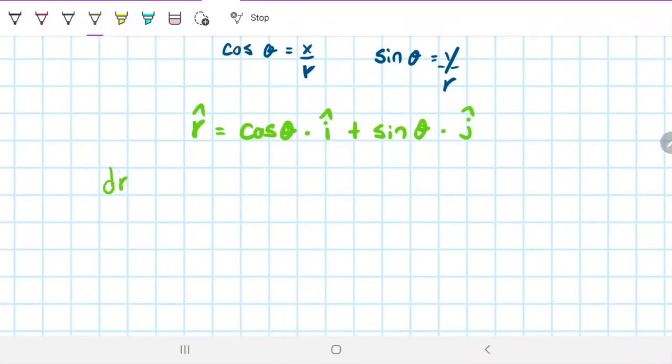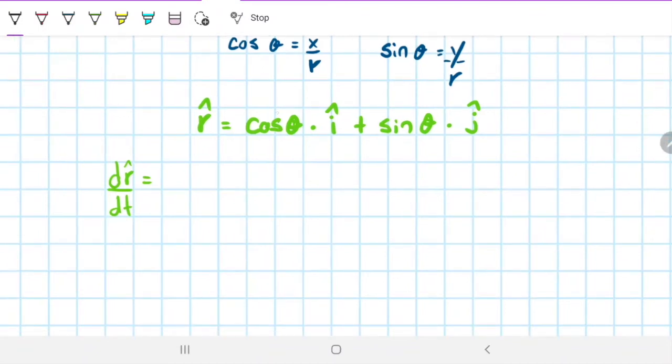If we need to derive r hat with respect to time, once again we derive one factor and multiply by the other, and then swap. Just one detail: theta is also a function of time, because it is changing with time. So we have to apply the chain rule here. We have to derive the cosine function and also the theta function.